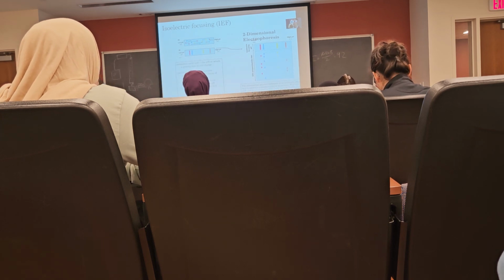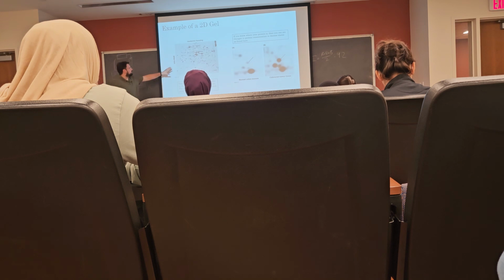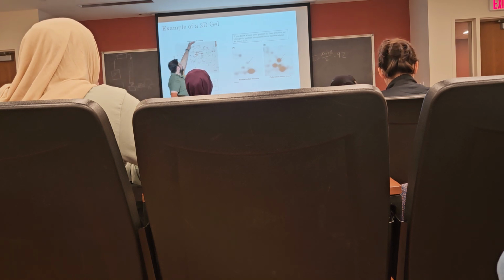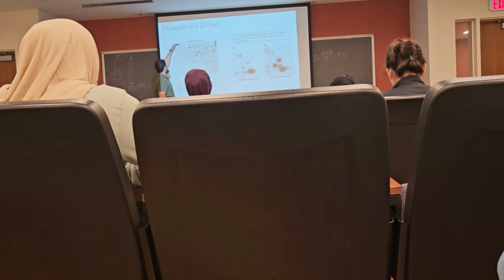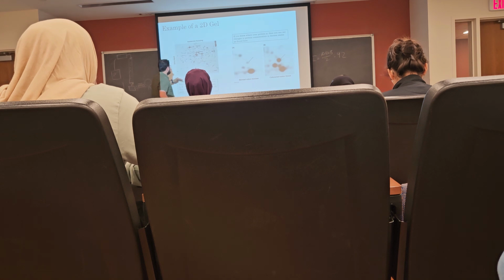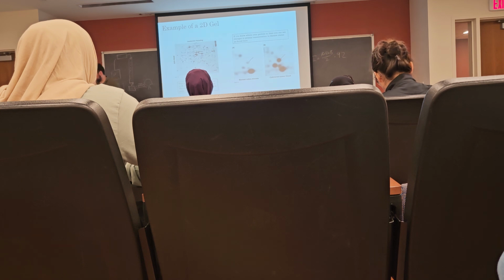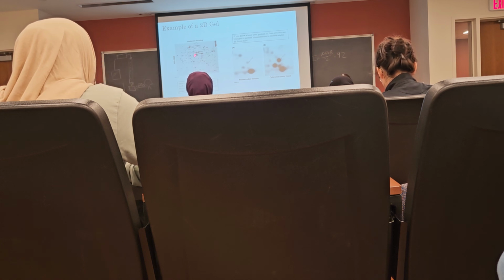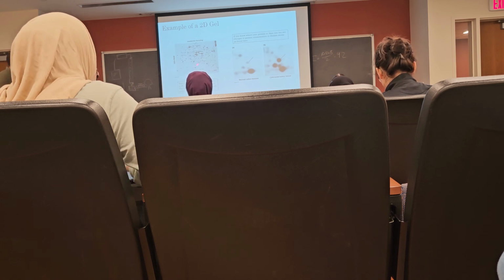And let's look at what a two-dimensional gel actually looks like. It looks something like this, right? Here, our first dimension was isoelectric focusing, and then we ran this way SDS-PAGE. So we can see all these spots separated by both size and isoelectric point. And you can see we get much higher resolution, right? We can see many hundreds of different proteins here.